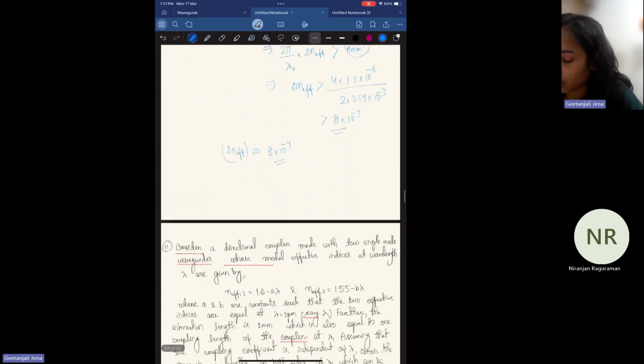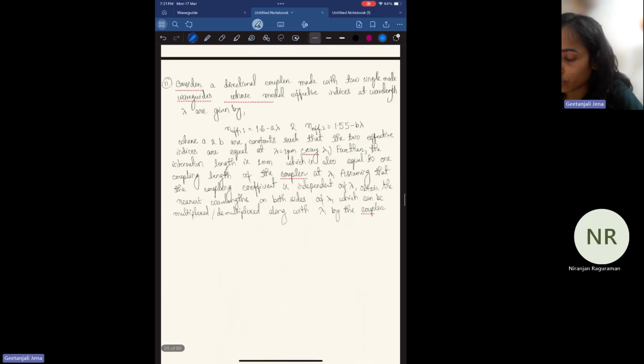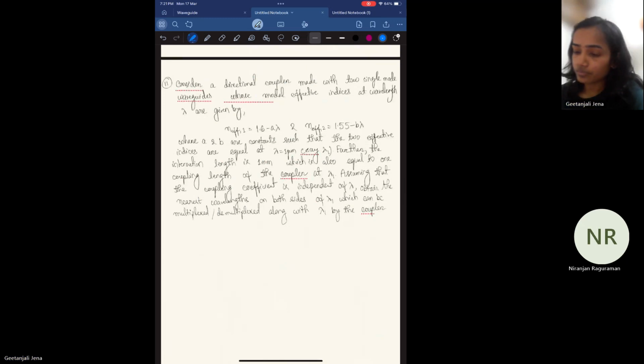Do you have any query till now? Otherwise, we'll move to our next problem. The next problem is based on the WDM coupler, but it's a slightly different one. So you need to use a different concept to get the answer.